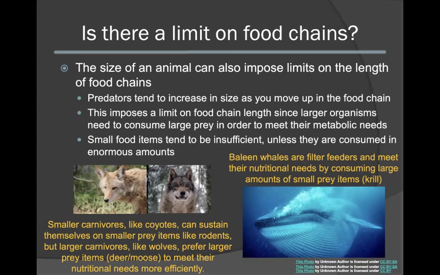Though wolves have been known to sustain themselves on smaller prey items, the success of the pack typically involves consuming the larger prey items. Baleen whales are filter feeders, and they meet their nutritional needs by consuming extremely large amounts of smaller prey items or krill.